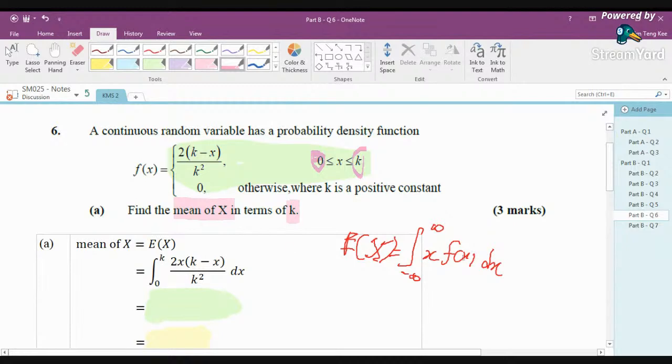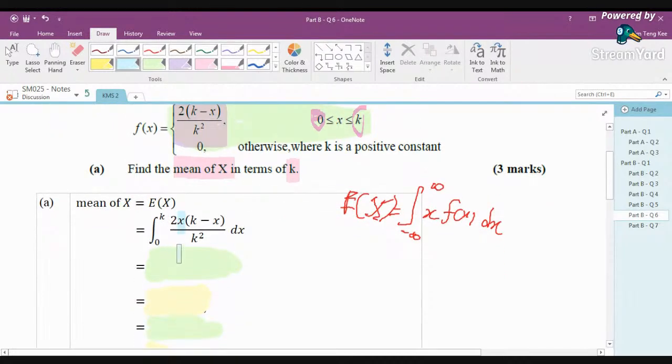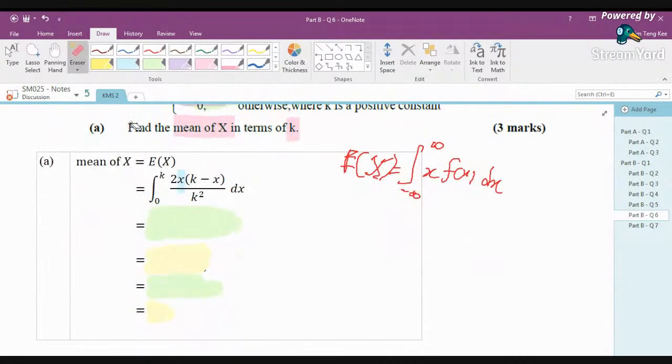And I want x multiplied by f(x). This is your f(x). When multiplied by x, you see that from 2 it becomes 2x. And next, it takes some creativity to perform the next calculation. But let's say I perform it by expanding and simplifying first. So I expand 2x multiplied by k divided by k squared, and I have 2x over k.